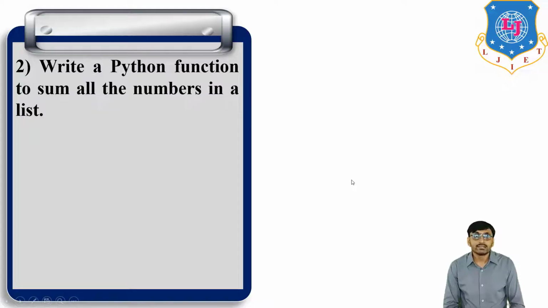Then the second program: write a Python function to sum all the numbers in a list. Now a list is one type of data structure which contains heterogeneous elements. And what do you mean by function?